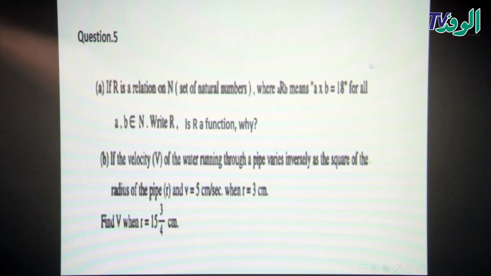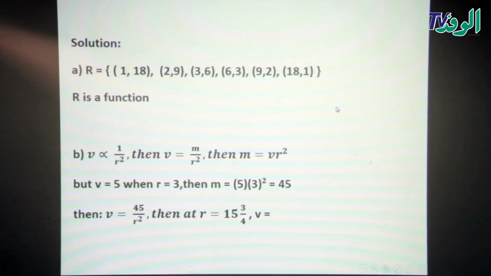First, I will get the factors of 18, which are 1, 18, 2, 9, 3 and 6. So we can get the relation as (1,18), (2,9), (3,6), (6,3), (9,2), (18,1). Sorry, here I forgot to write not. Here R is not a function.